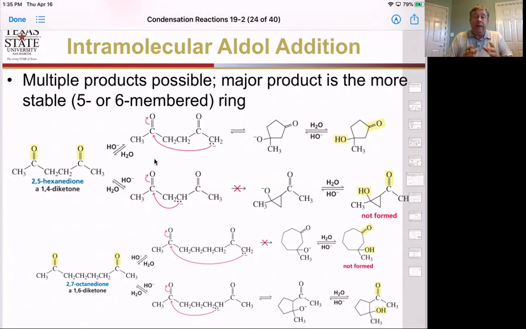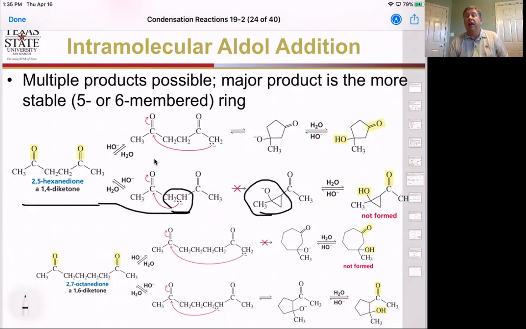So even if you think the inside hydrogens would be more thermodynamically stable, in this case, if we had this 1,4-diketo compound here, even if we did form the more thermodynamically stable enolate right here, when it tried to close that ring, it would make a 3-membered ring. A 3-membered ring is very highly strained and therefore does not form.